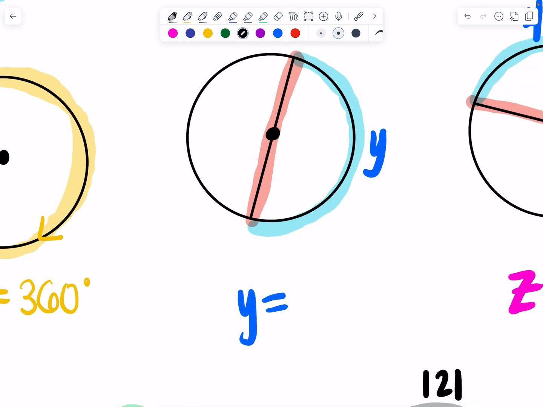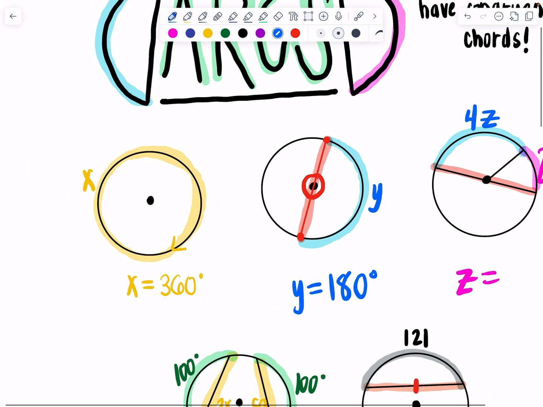How do I know that it's a diameter? Because it's a chord that has both endpoints on the circle, and it goes through the center as well. Since that is a diameter, I know that this is going to be 180 degrees. So the first one all the way around the circle is 360 degrees. Halfway around the circle is going to be 180 degrees.